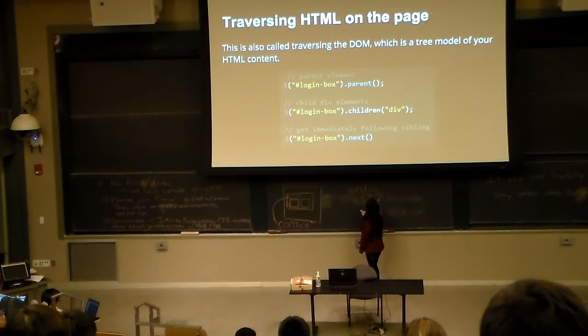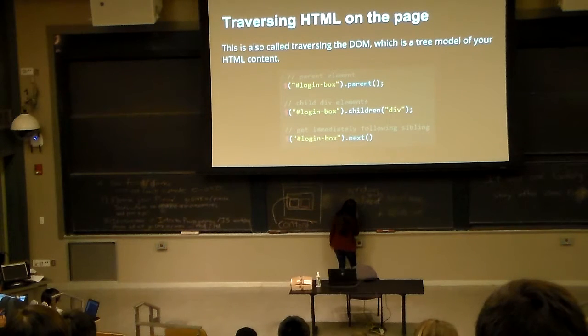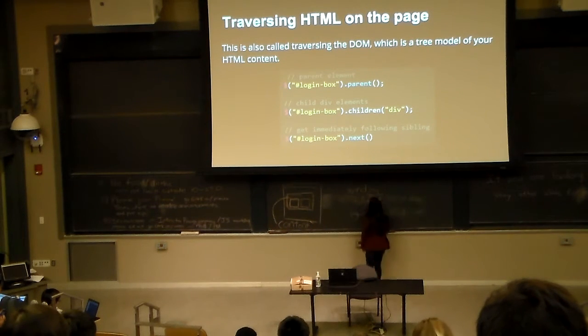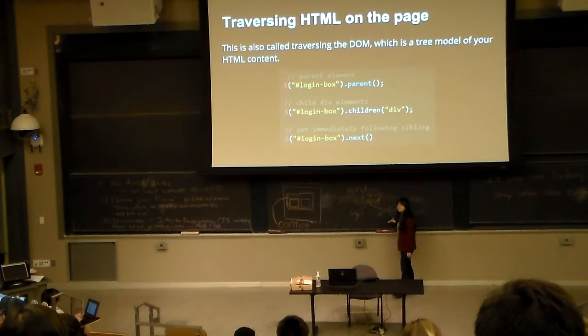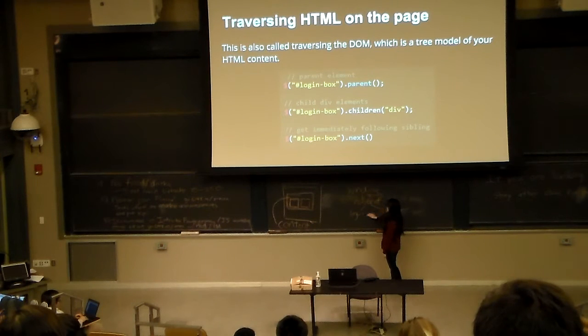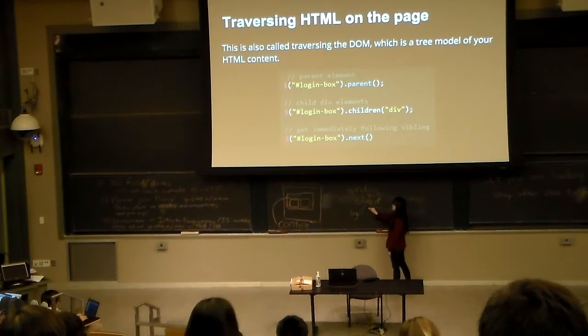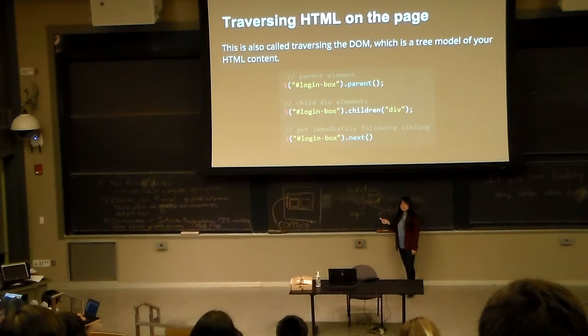And inside content, you have the login box and the info text. So you would call login and info text to be siblings because they're children of the same parent. And so content is the parent of login and info text. And login is a child of content. So using this terminology, you can use jQuery functions to navigate the content on your page.